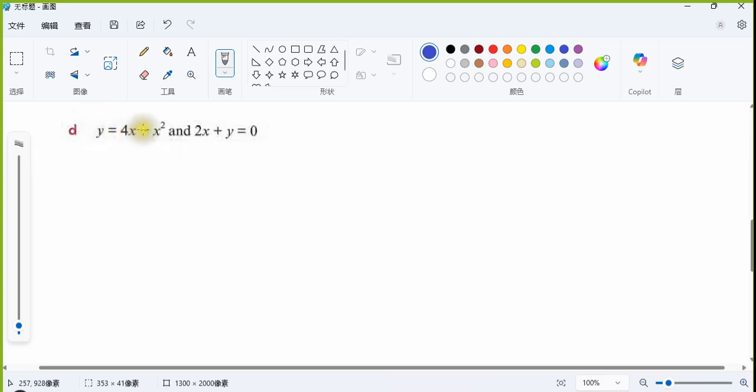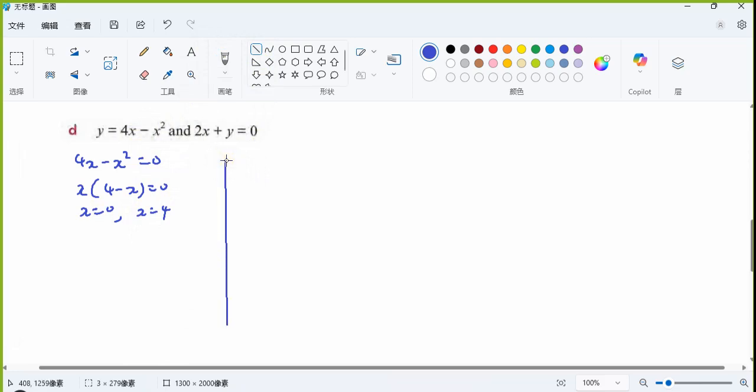Then D, we have y equal to 4x minus x squared and 2x plus y equal to 0. So 4x minus x squared equal to 0, x times 4 minus x equal to 0, x equal to 0 and x equal to 4. Because it's negative, the shape is the inverted one.